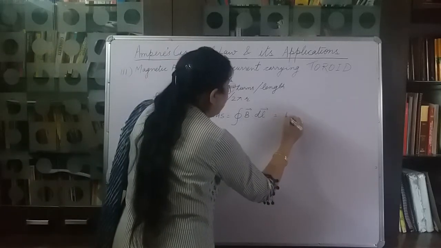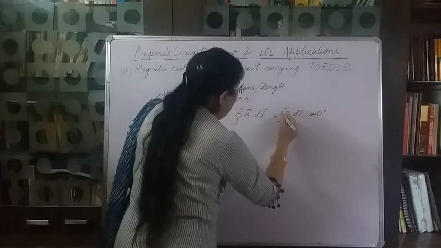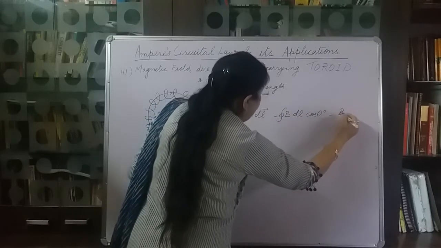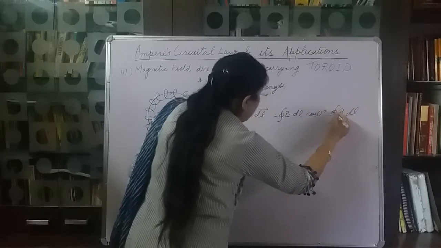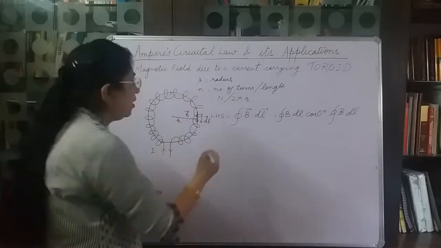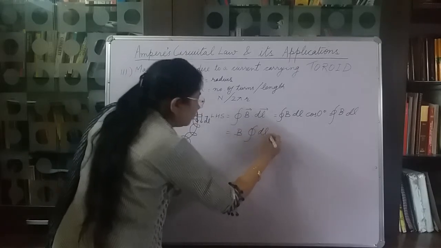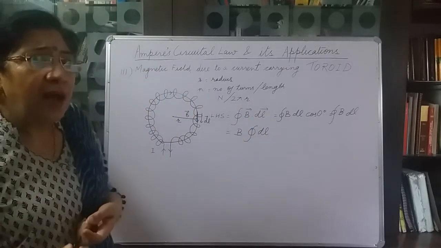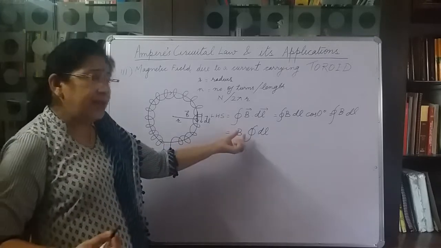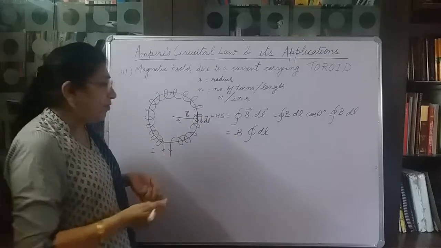We can write B dl cos 0 degrees, or B dl. And since B has constant magnitude inside the toroid, we can take it out of the integral of dl. The integral of dl is actually the length of the toroid, which is the circumference.